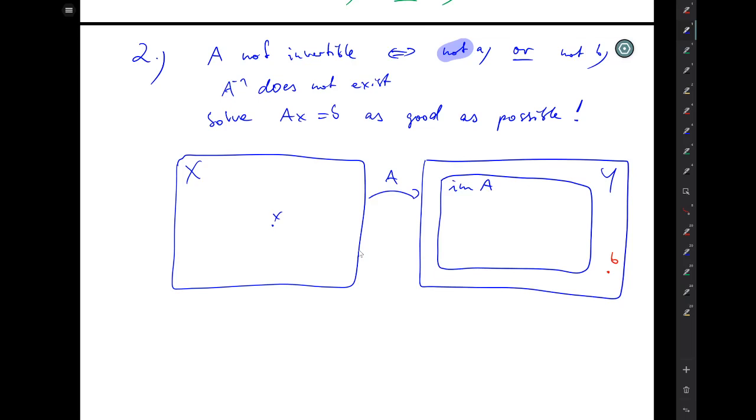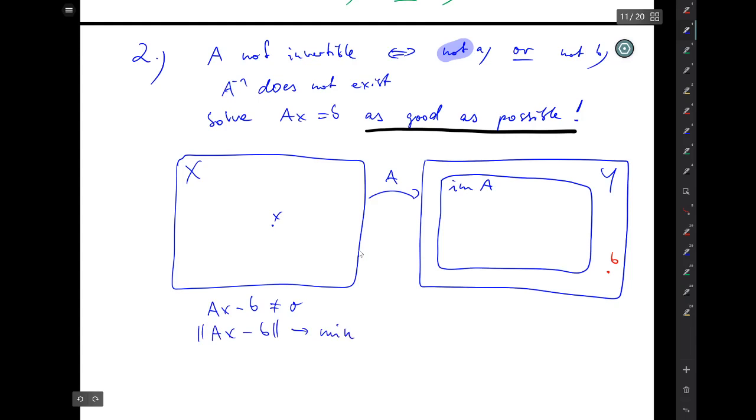So what's the best thing you can do? Because we say, okay, then solve it as good as possible. Well, you want to make the error as small as possible. So you say, if I can't get Ax minus b down to 0, no matter what x I try, then at least I'd like to make its norm as small as possible.